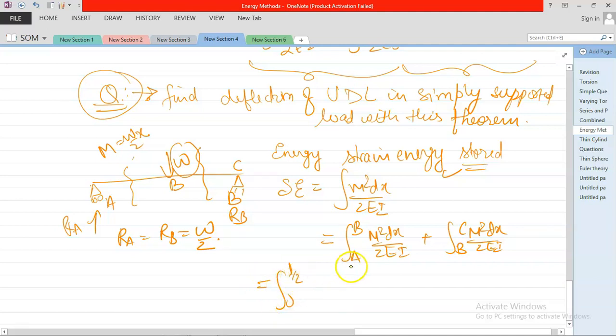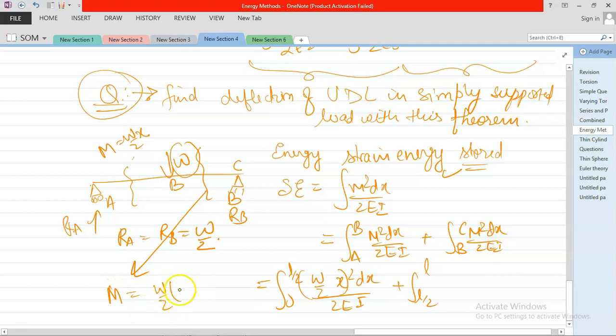You can write it as integral of (W by 2 into x) whole square dx upon 2EI, plus integral from L by 2, where M is equal to W by 2 into (L by 2 plus x) minus Wx.